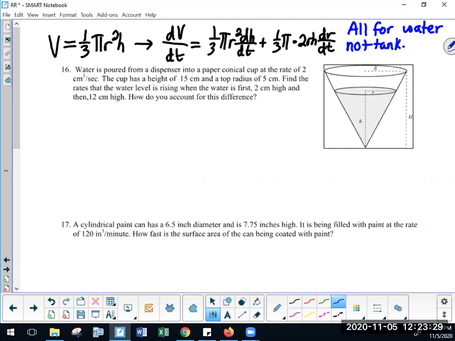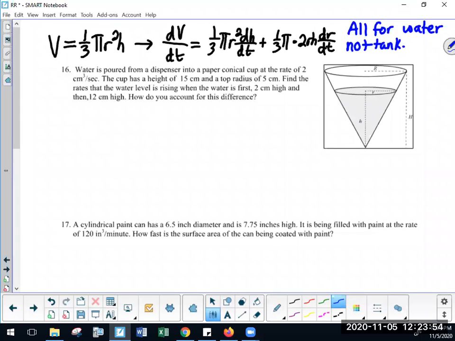Because if we're doing the tank, dH dt, dV dt, dr dt, those are all 0. R, the radius of the tank, is always 5, and H, the height of the tank, is always 15. That doesn't change, it's the water level that's changing. So you don't want to look at this and say, well, the tank doesn't change, so dr dt, dH dt are zeros. We can't do that.